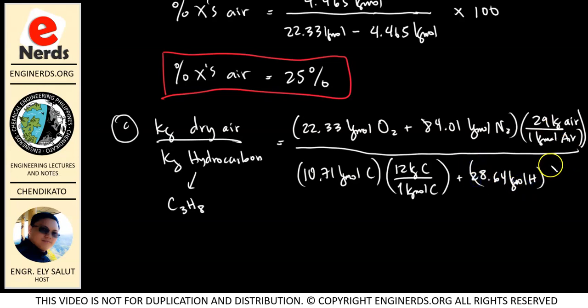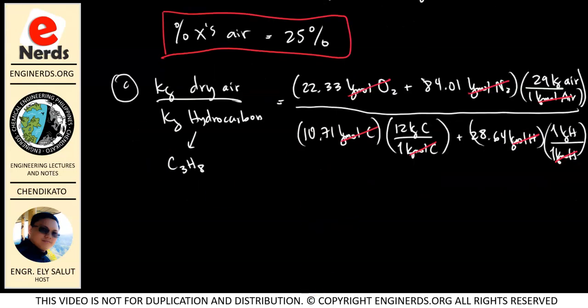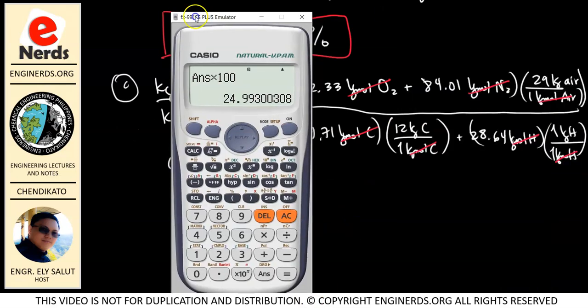So, molecular weight niya is just 1, di ba? So, we have 1 kilogram of hydrogen per 1 kilogram mole of hydrogen. Okay, so, we'll be cancelling out itong mga units natin. So, everything we have will be in kilogram. Okay, so, solve natin using our calculator.